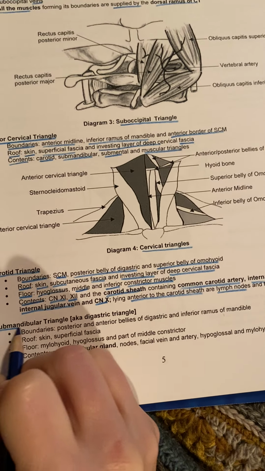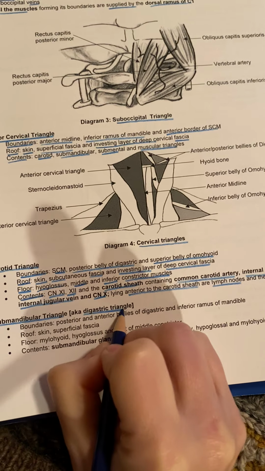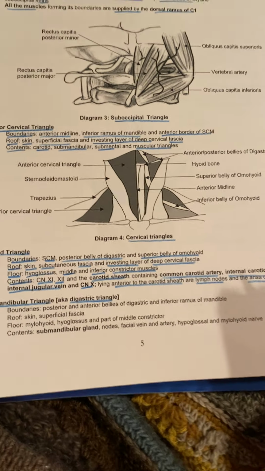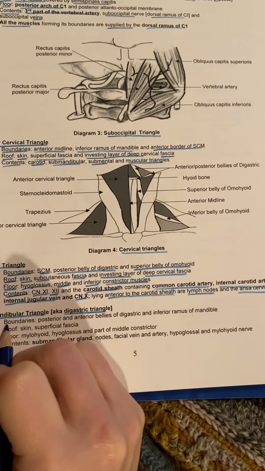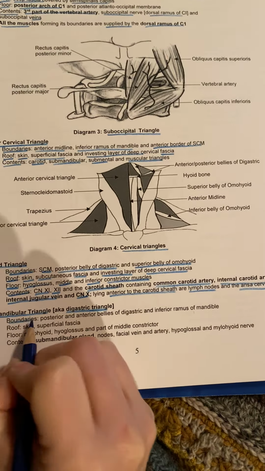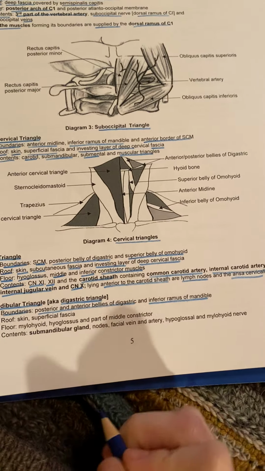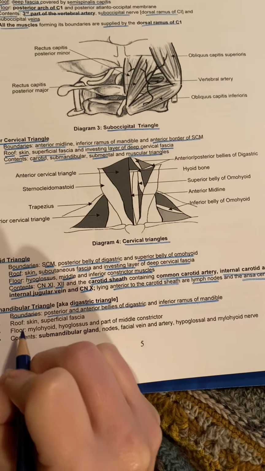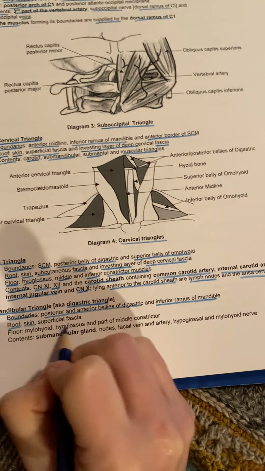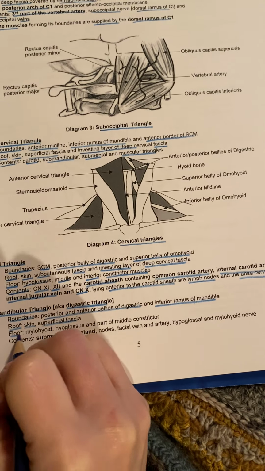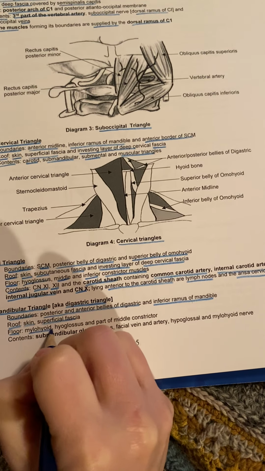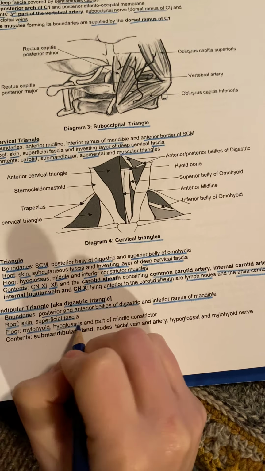Submandibular triangle, aka the digastric triangle. The boundaries are the posterior and anterior bellies of digastric and the inferior ramus of the mandible. The roof is the skin and superficial fascia. The floor is the mylohyoid, hyoglossus.